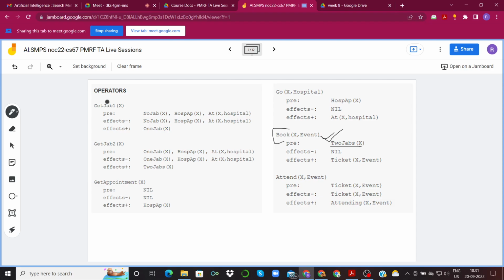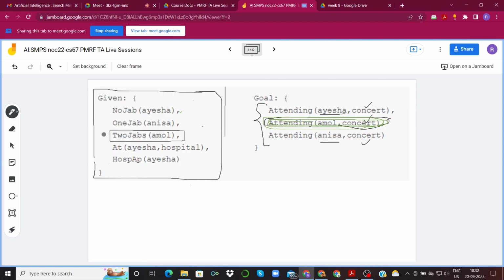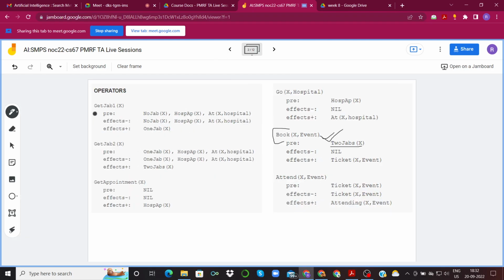So we are only going to use that information. Now let's look at the operators one by one. Is get jab 1 applicable over here? It requires the condition that Amol does not have any jab. Now we know that is not true because Amol already has 2 jabs, so get jab 1 cannot be applied.